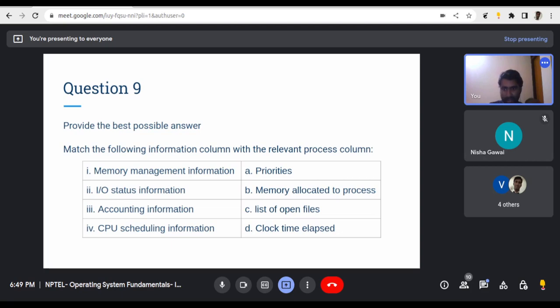Chirag says CPU scheduling information is related to priorities. Yeah. So which process will be scheduled for execution for the CPU? For CPU execution, the priorities can determine that. So a high priority process will get to execute in the CPU fast, right?